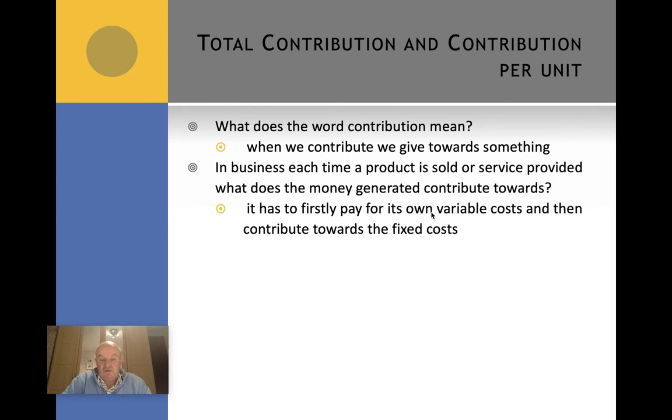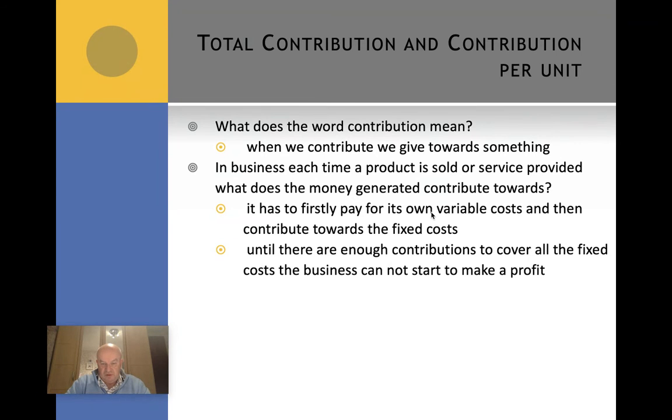Clearly, once your selling price is higher than your variable cost per unit, you can start to make contributions to other types of costs. We remember we've got to cover total cost in order to get to the point where we're breaking even. So once we've covered our variable costs, any contribution is going to first and foremost go towards covering fixed costs.